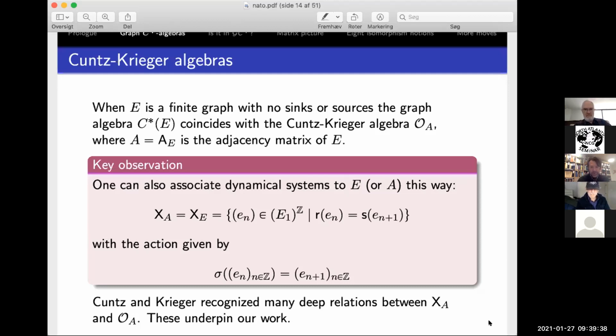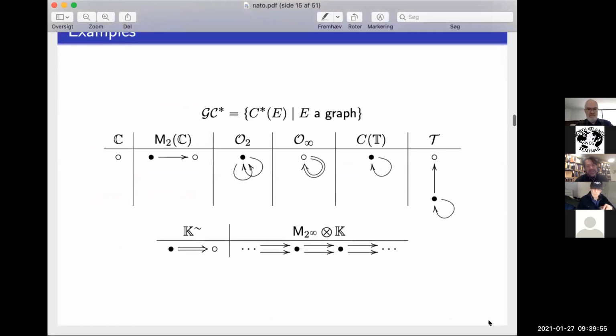So I apologize for that. I could talk about this side of it for hours because it's my favorite subject, but that doesn't help you if you want to answer questions about concrete graph algebras. So let's move on. Here are some examples.